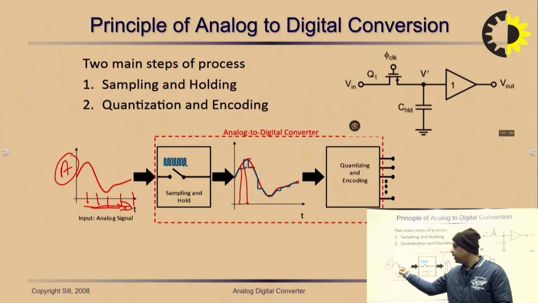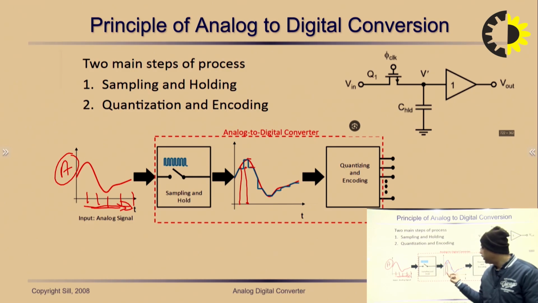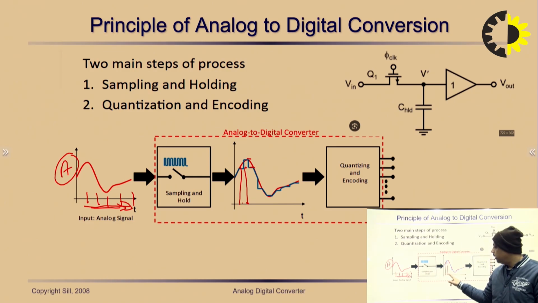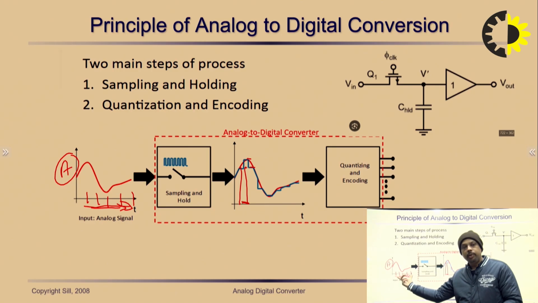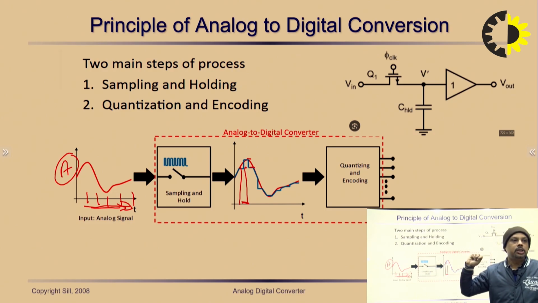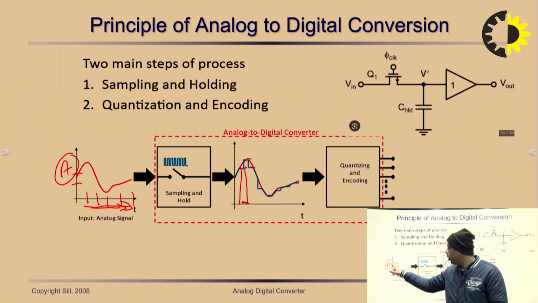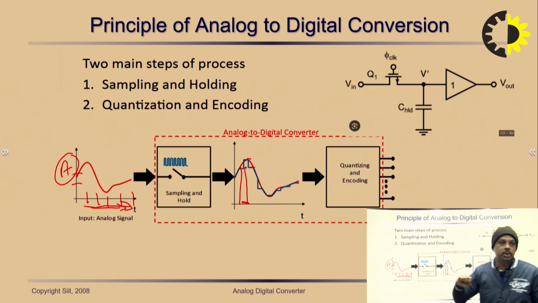After the sample and hold process, there is a certain time over which the data exists, either becoming constant between the two time periods. So now we can say that the time axis became discrete, but the amplitude axis still has data at every point, or we can say it is continuous.